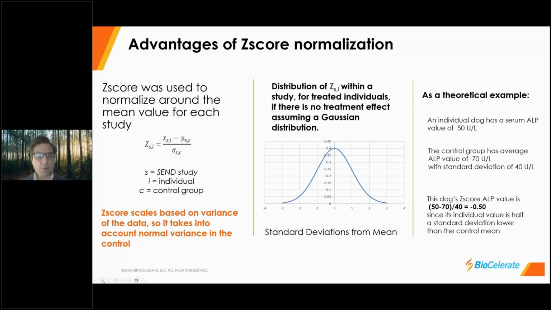What we do is we take that measurement, x sub si, which is a measurement on a particular study for an individual animal at a particular point in time, and we subtract from that the average measurement of the control group for that same study, divided by the standard deviation for the control group.